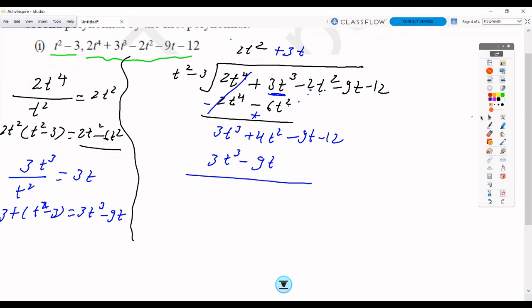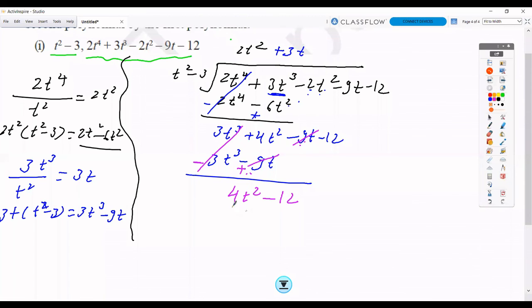Once again we change the sign to subtract: plus becomes minus, minus becomes plus, and these two cancel out. 4t square cannot be cancelled, so it stays as it is. Plus 9t and minus 9t cancel out and make 0t, which we are not supposed to write. Then what is left is minus 12.